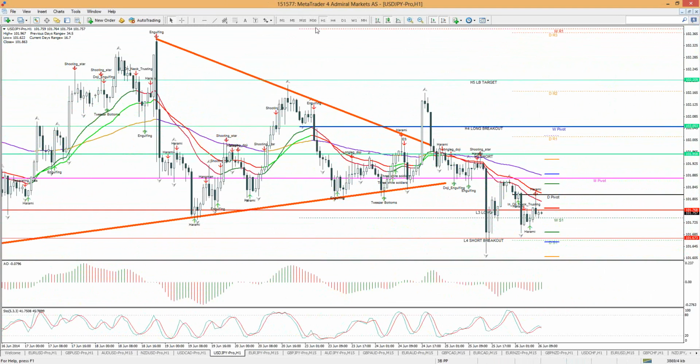The dollar CAD and dollar yen somehow do not really appeal to me. There is a Harami here at the daily pivot. Plus we do have bearish moving averages.